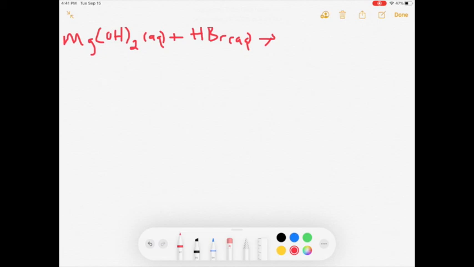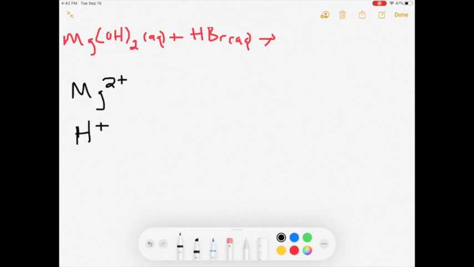So the only time you really need to worry about the weird stuff for weak electrolytes is when you're doing the ionic equation. HBr is a strong acid, but magnesium hydroxide is a weak base. Okay, so we're going to take our cations. We have magnesium plus 2 charge and hydrogen plus 1 charge.